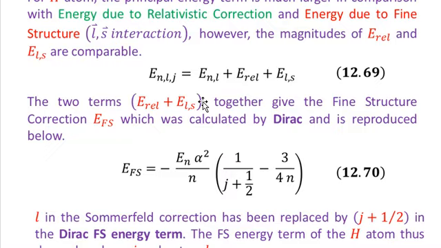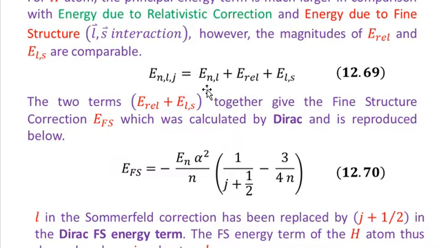So the total energy of an atom is given by E with the subscripts n, l, j, which is shown on the left hand side in equation number 69, and on the right hand side I have summed up those energies. One energy is the E_nl, which is due to the Sommerfeld model.